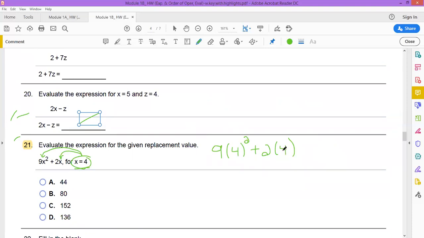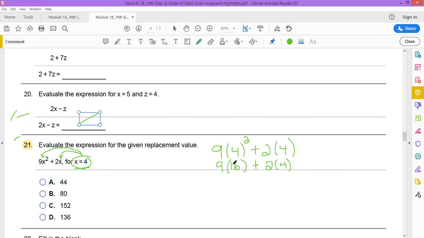Although you see parentheses, there's no work to do inside the parentheses. So what's left will be multiplication, multiplying the number that's in front of the parentheses. But we need to work out the exponent first. 4 to the second power, 4 times 4 gives us 16. We'll carry down the 9 in front, plus, and then the 2 and 4 behind the plus sign.